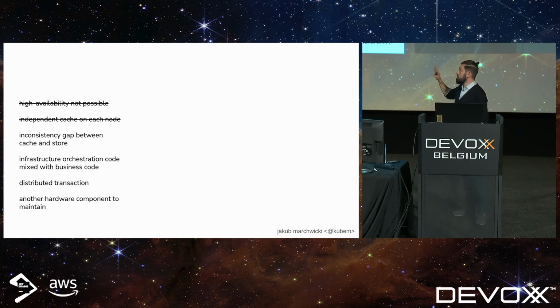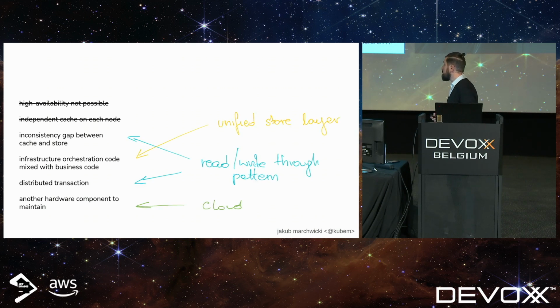So we have four problems to tackle. We have this inconsistency gap, which the moment we start using simple put and get starts kicking us. We have infrastructure code in our application. We have a distributed transaction between two independent storages, and we have yet another piece of hardware to manage.